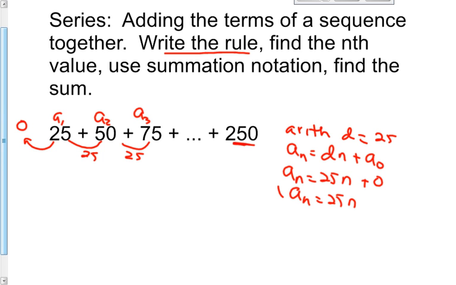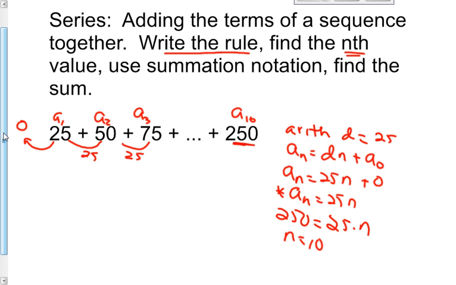We're going to use our explicit formula, and we know that the answer is 250. What n number gets us there? 250 equals 25 times n. We're just going to go backwards, divide by 25, and we get n equals 10. So this is really a sub 10. That's the nth value.